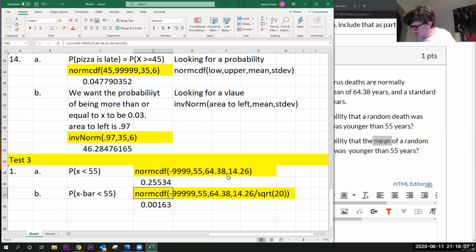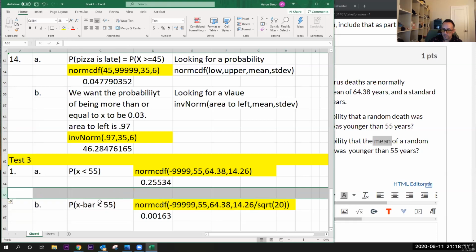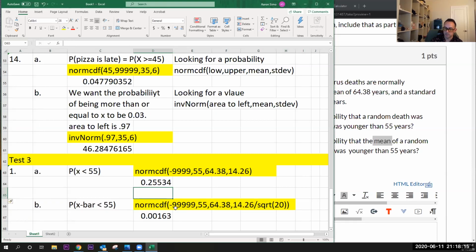And here we have the standard deviation. We have sigma, or I could say standard deviation, of 14.26.